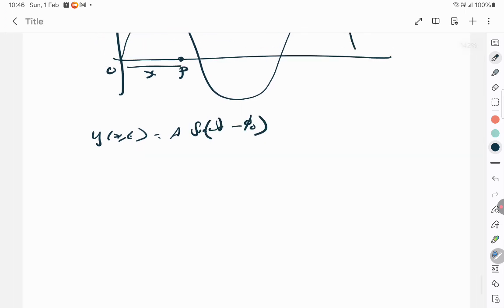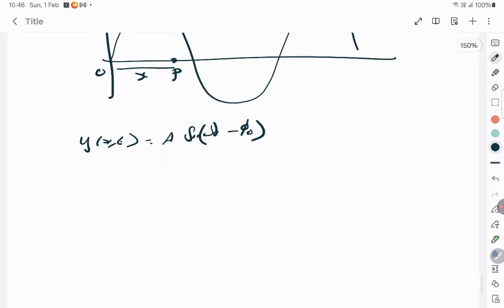Plus phi naught or minus phi naught. I am taking minus phi naught for the wave which is propagating rightward.